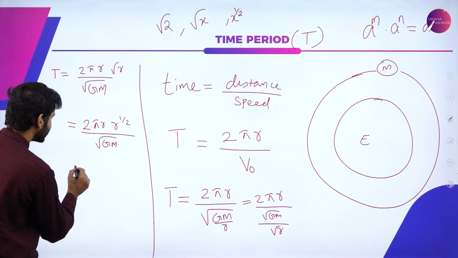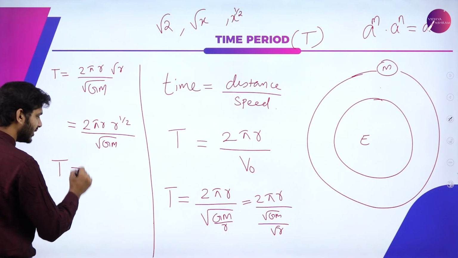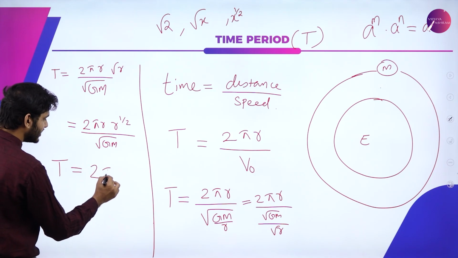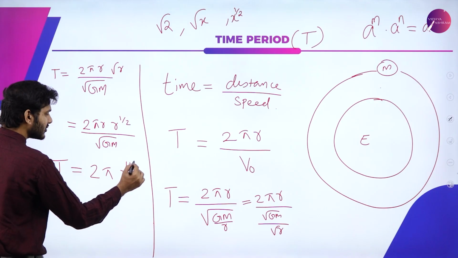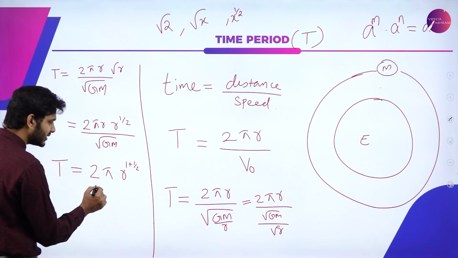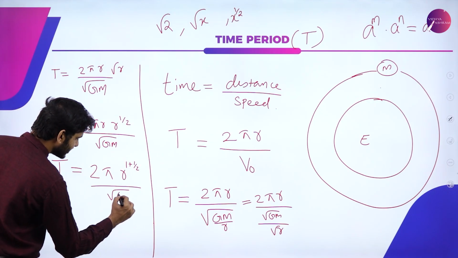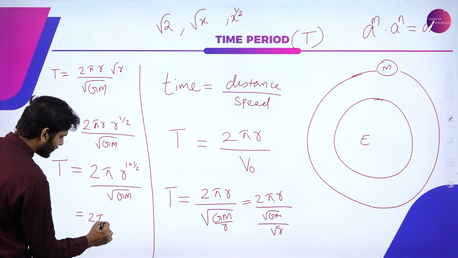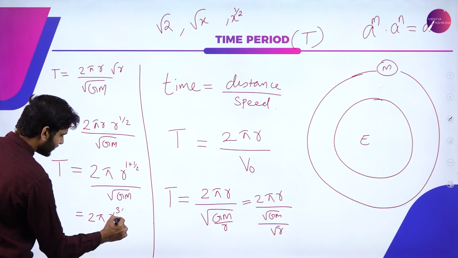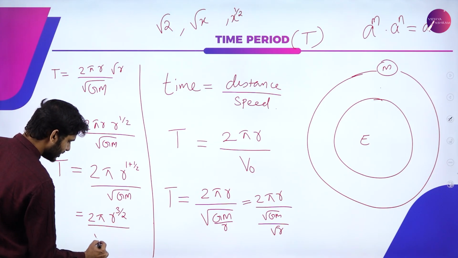So we can write it as, time period T is equal to 2 into pi into r raised to 1 plus 1 by 2, which is 3 by 2, divided by root GM, or simply 2 pi r raised to 3 by 2 divided by root GM.